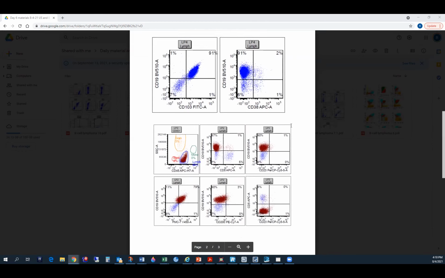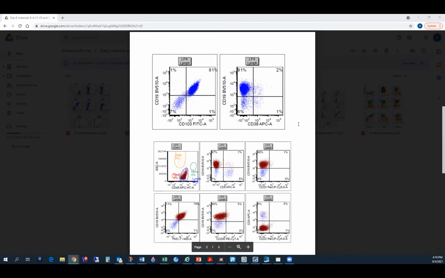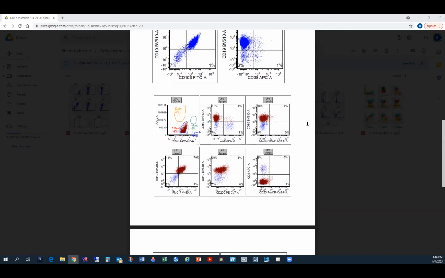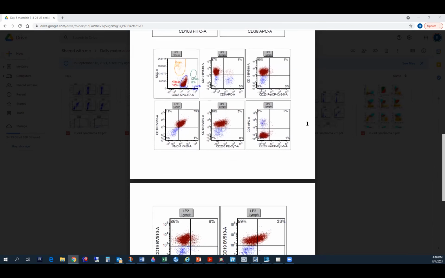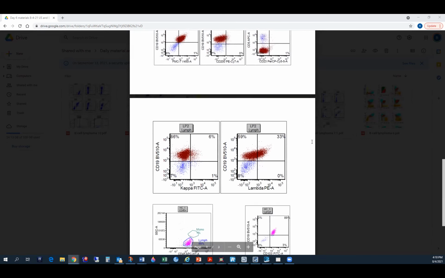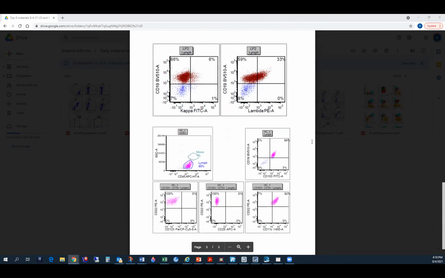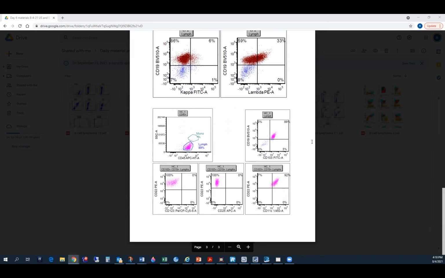Then this CD19 positive population is positive for CD103, which is important. And again it is moderate CD19, and FMC7 positive, CD200 negative, CD23 negative. It's again kappa negative and a lambda positive population.